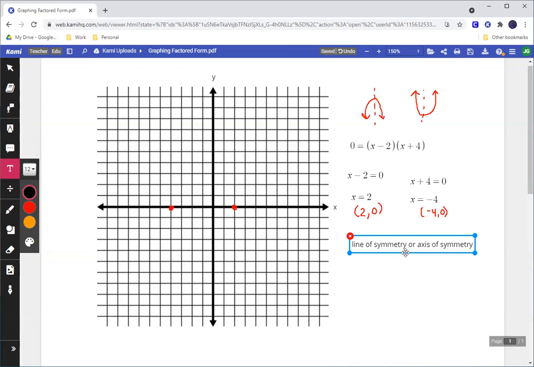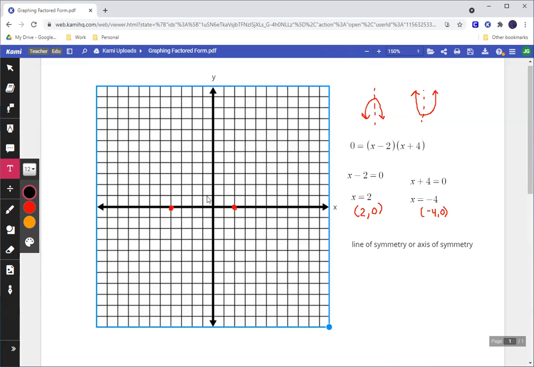The line of symmetry, or the axis of symmetry, is an imaginary line that can evenly divide the parabola into two sides that mirror each other, so that every point on the left-hand side of the line has a reflection image on the right-hand side, or vice versa.